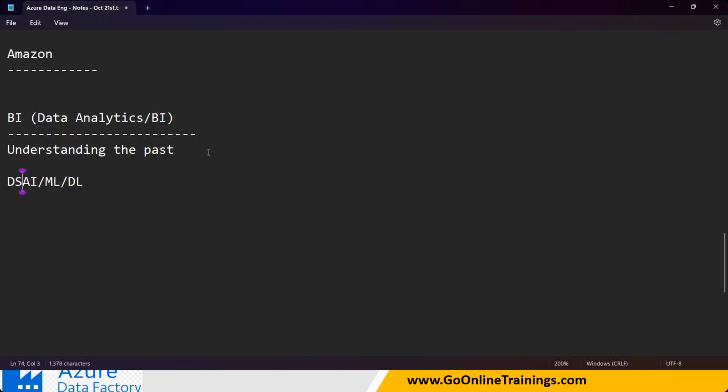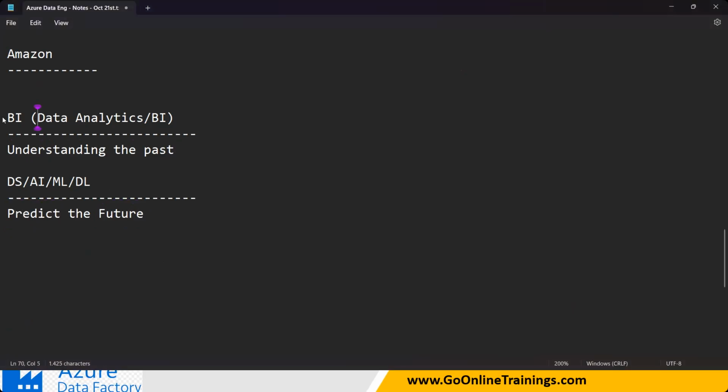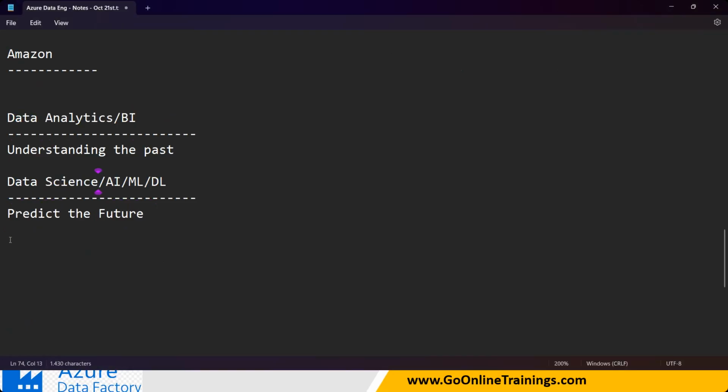Data science or artificial intelligence, machine learning. This is what is called predicting the future. Data science is called artificial intelligence or machine learning. Predict the future.